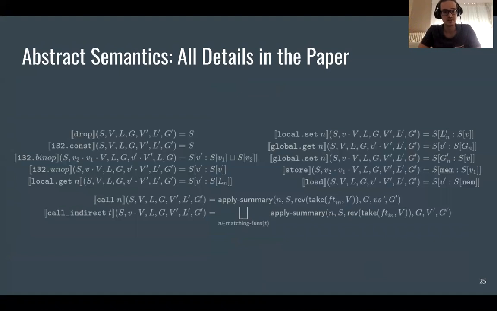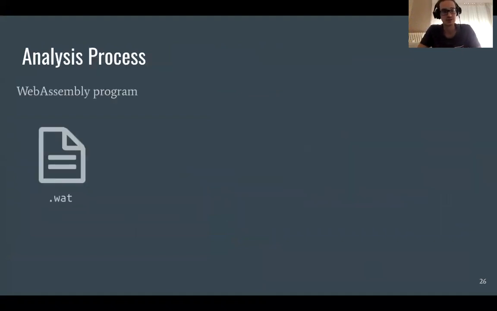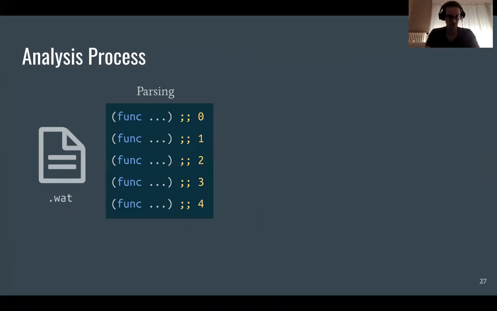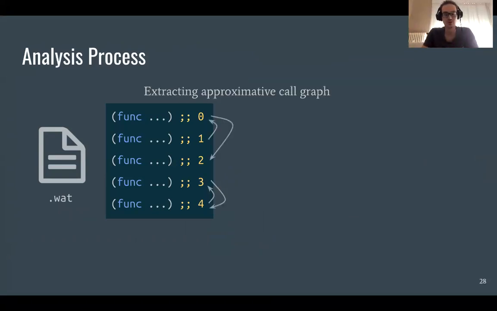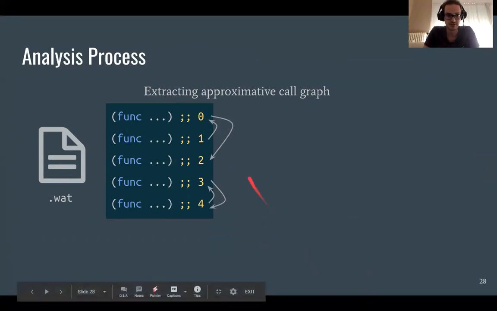So all of the details about the abstract semantics are in the paper, and I will now focus on the analysis process. So given a WebAssembly file, what we do is that we parse it, we extract all of the functions, and then we extract an approximative call graph. So here we have, for example, function 1 that calls function 0 and function 0 calls function 2.